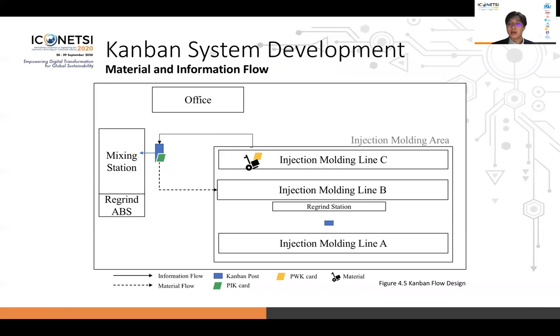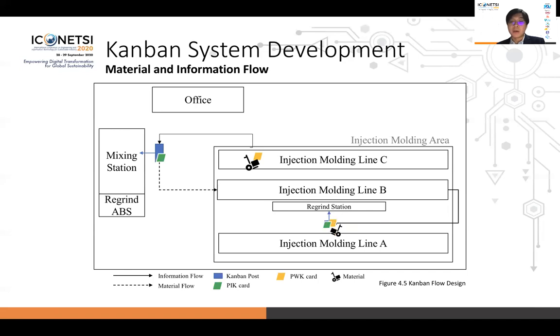So the next cycle is the regrind material withdrawal cycle. It is basically the same as the first cycle. The production withdrawal Kanban card will be sent to the regrind station Kanban post, and the production instruction Kanban card will be released to the regrind station, and the operator will prepare the material.